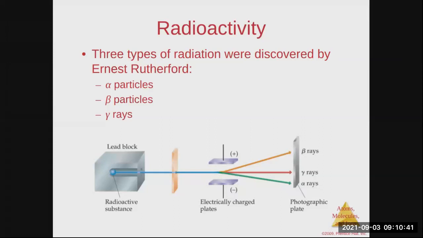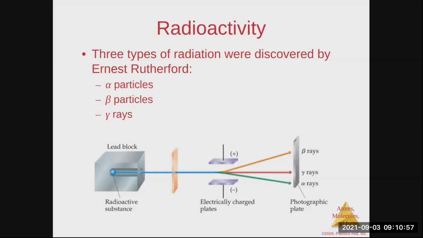Some particles, as they pass through, or one part of the beam, was pulled down. In other words, being pushed away from the positive plate and being drawn towards the negative plate.